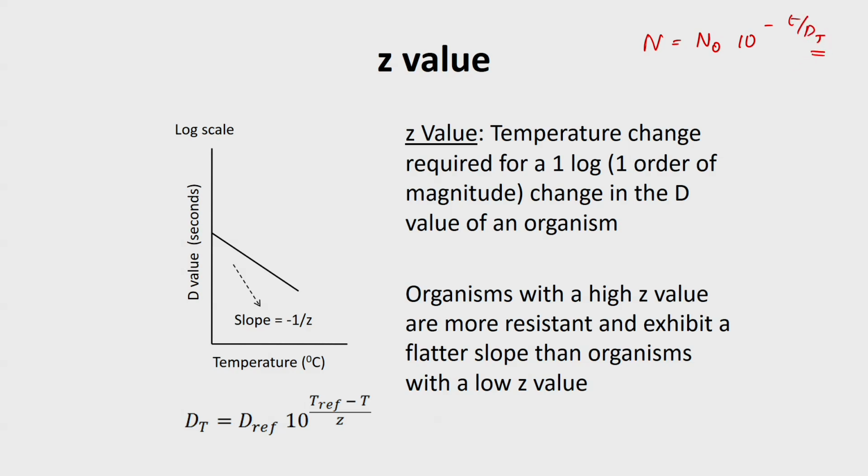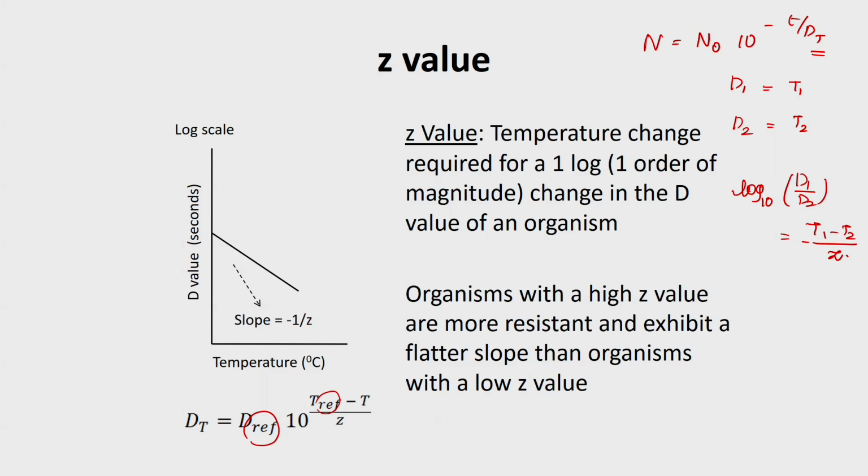For example, if I get D1 at a particular temperature T1, and D2 at a particular temperature T2, here I have put T1 as the reference temperature and T2 as normal T. So what I would have is log10 of D1 over D2 is nothing but T1 minus T2 upon Z, right. So this Z value is nothing but a slope, minus 1 upon Z.